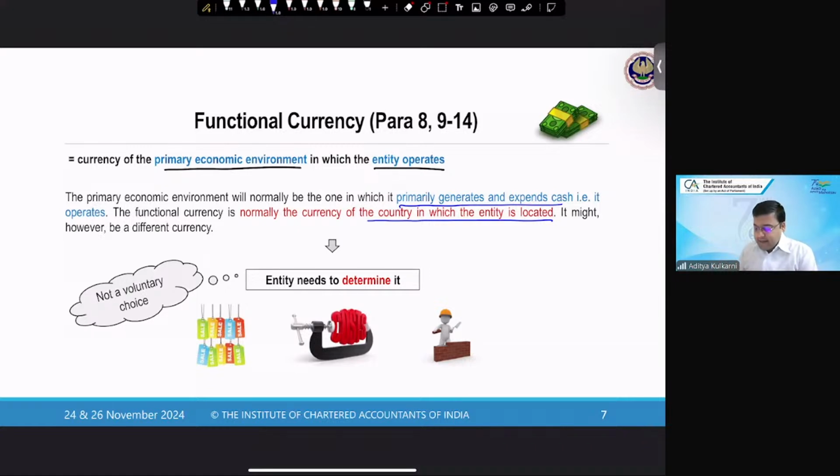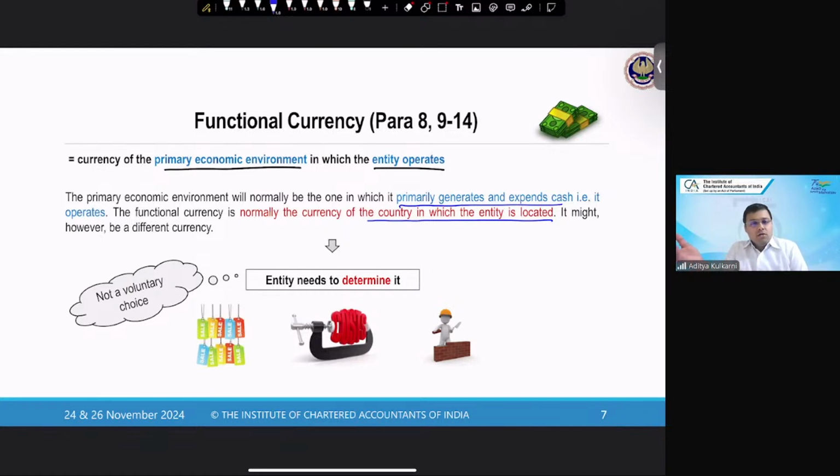But as I said, in 99% of the cases, it will be the currency of the location where the entity is situated. In some cases, it could be a different currency. So is it a choice? Can I choose my functional currency?